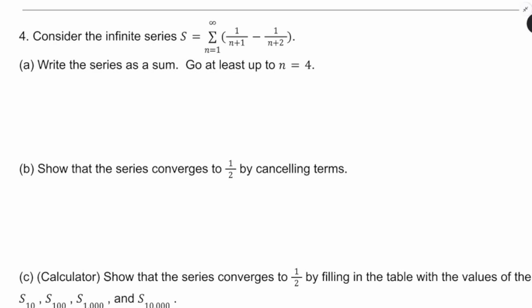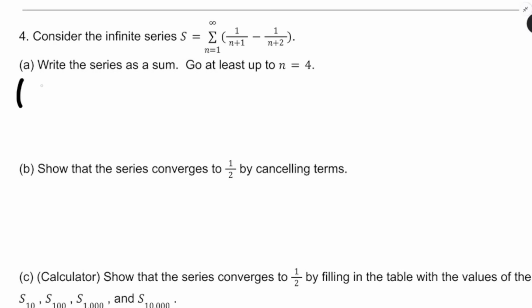But we're going to write out the series as a sum, go at least up to n equals 4. But I think if this was to appear in AP Calculus, it would look something like this, where they would give you some sort of scaffolding. They'd have you write out some terms. Starts at n equals 1, so that's 1/2 minus 1/3. And if I'm going out to n equals 4, that's going to be 8 total fractions, so I think I need to write it a little smaller and start further to the left.